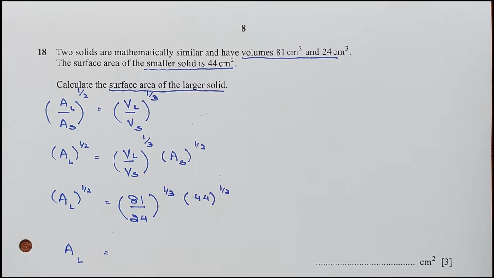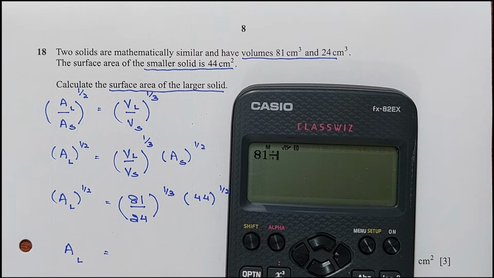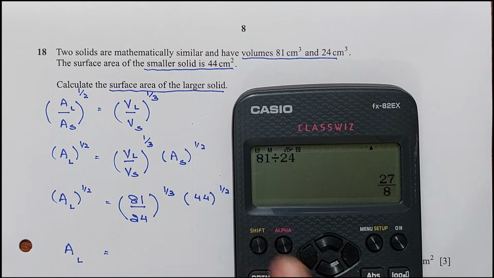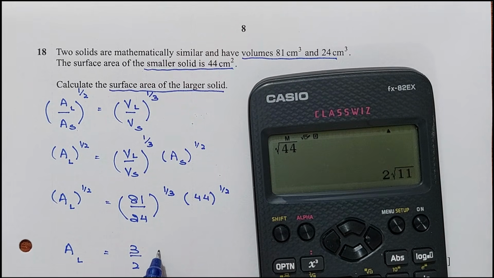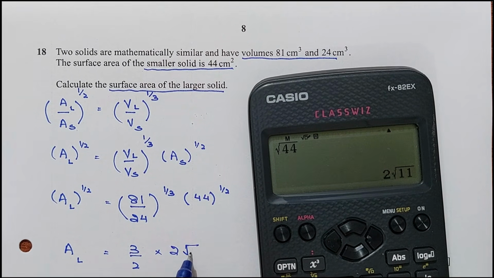Right, 81 divided by 24, and its cube root. Okay, this is 3 by 2, and square root of 44 is equal to 2 square root of 11. So 2 is cancelled with 2, its power is 1 by 2, right?